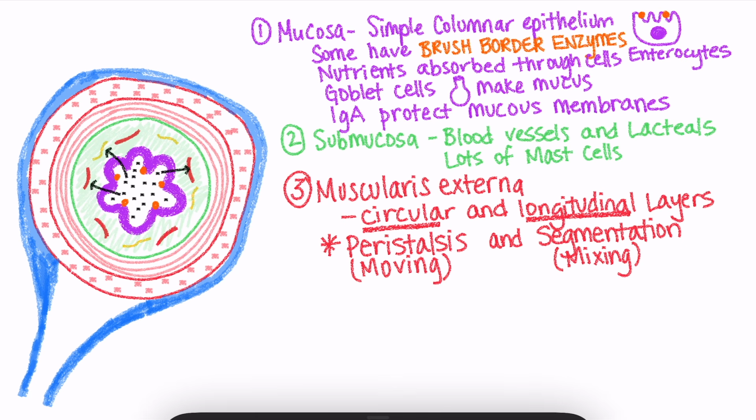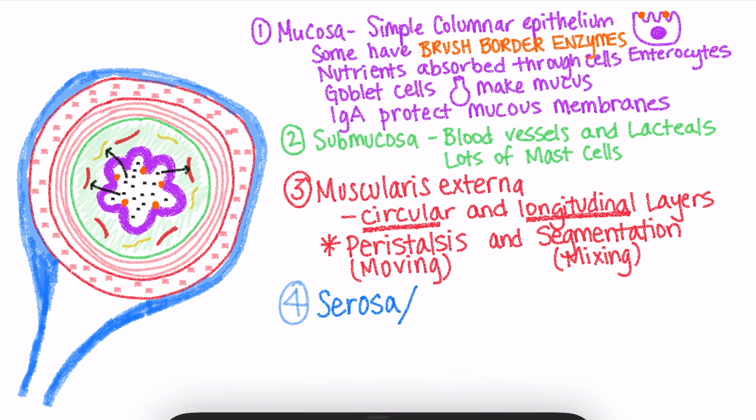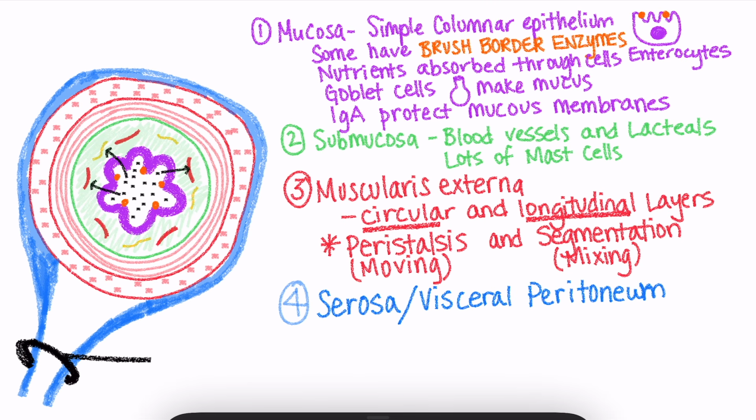So first I guess I should label it for you, right? Okay, so this is the serosa, also known as the visceral peritoneum. When you see it folded over like this, this is what we call a mesentery.